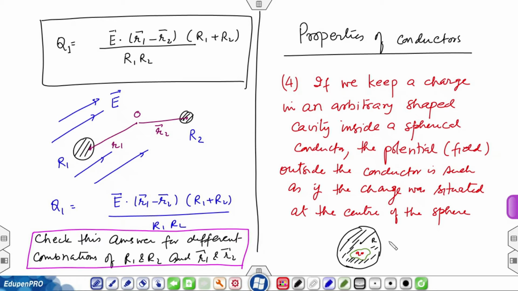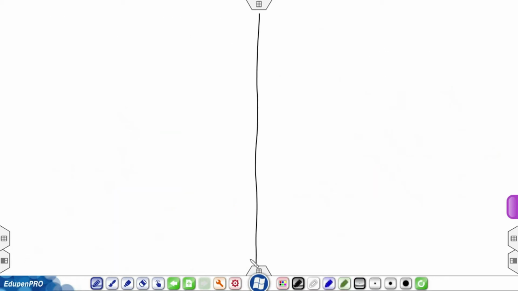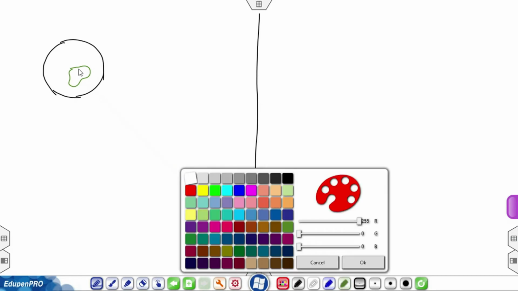Then for the outside world, it is as if the charge is uniformly spread over the surface, or equivalently it is sitting at the center of the sphere. Let us prove that. I can argue in two different ways. So, here is this spherical conductor with a cavity inside and a charge inside somewhere.